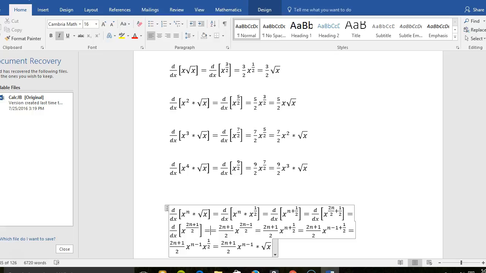When you execute the derivative, the old exponent comes down, and then it's x raised to the power of the old exponent minus 1. So we put the minus 1 there.